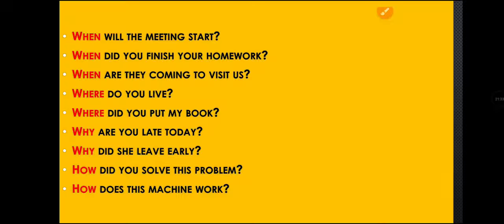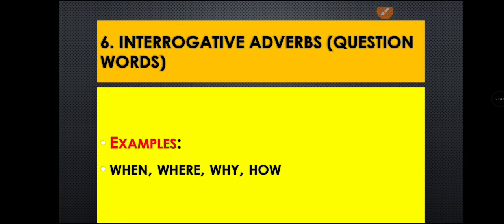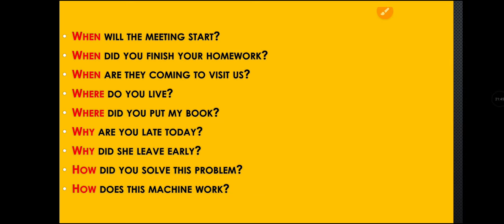In this way, these WH adverbs are modifying verbs in the form of a question. That is why these WH words are called interrogative adverbs. There is a lot of confusion related to interrogative adverbs, pronouns, and adjectives, so I will make a separate video. There is no need to worry about all that.